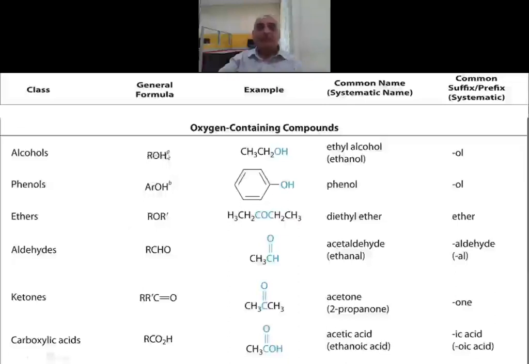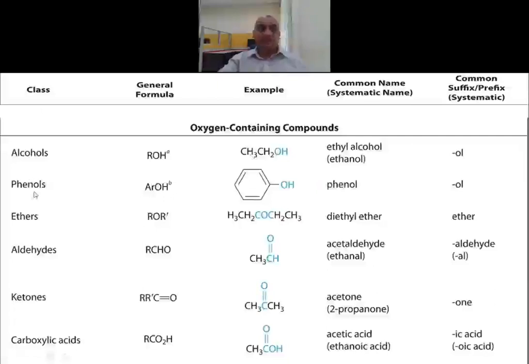So this is called alcohol. And the name of the compound ends at OL. For example, if we have one carbon atom in the compound, this is called methyl alcohol.